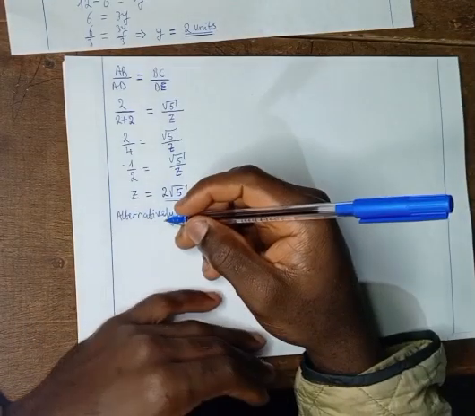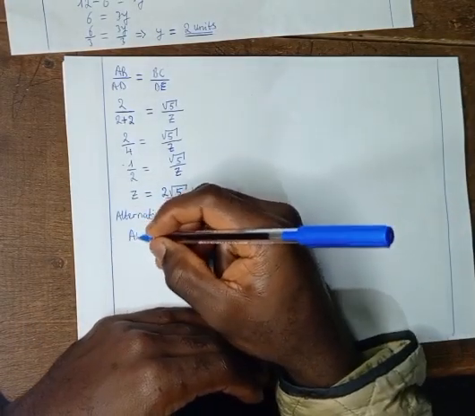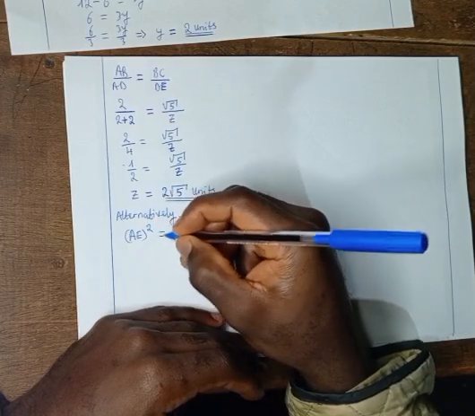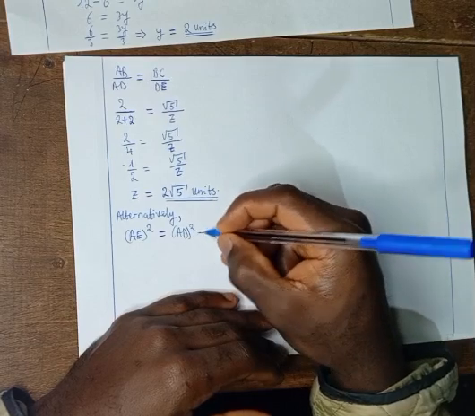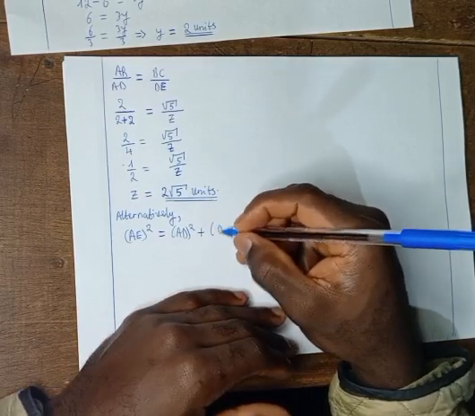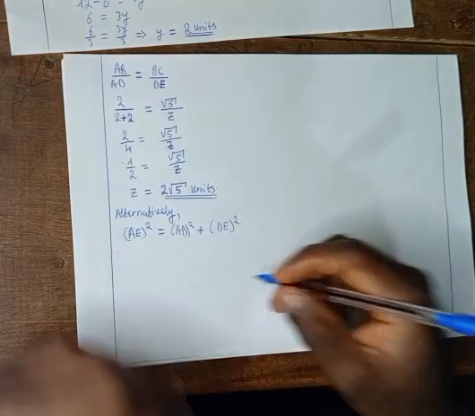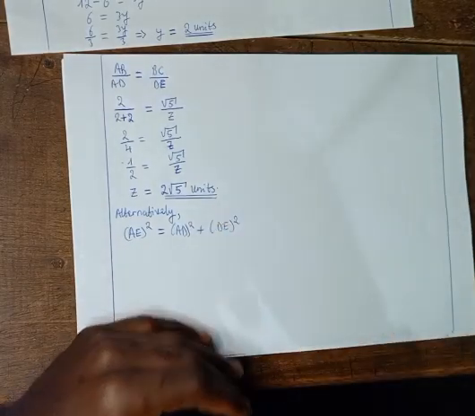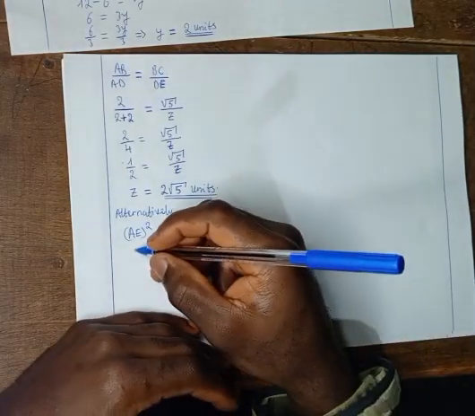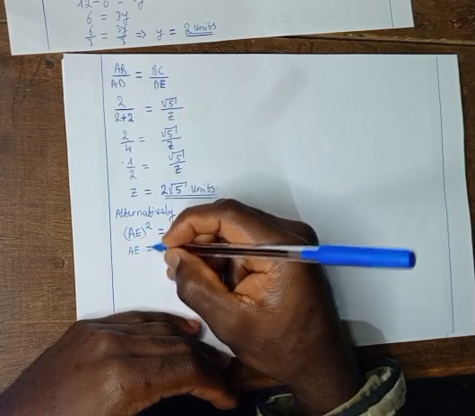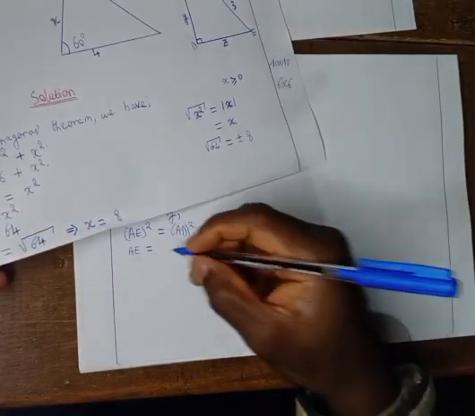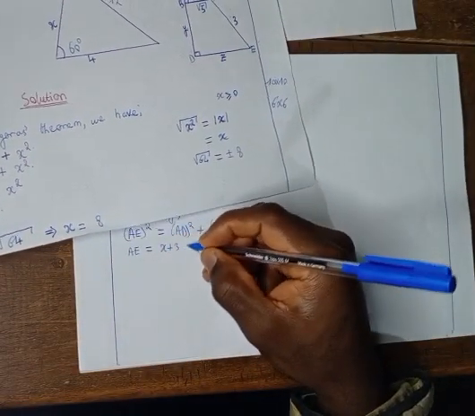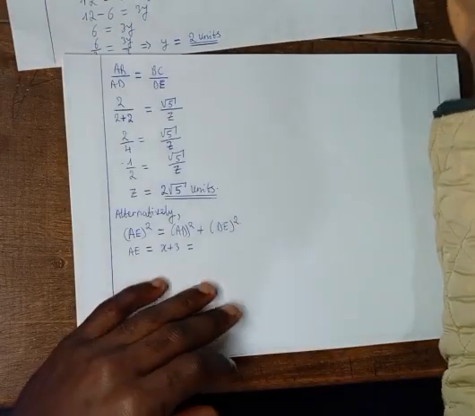This will give us AE squared is equal to AD squared plus DE squared. So we know AE is the same as x plus 3, and we just calculated x and we had x as 3.